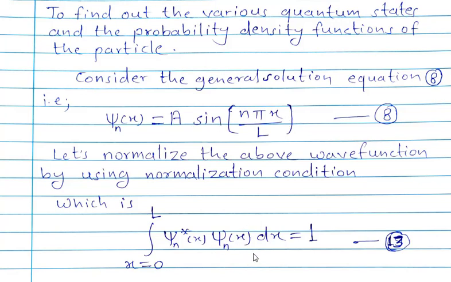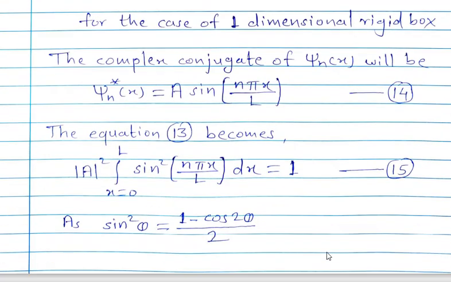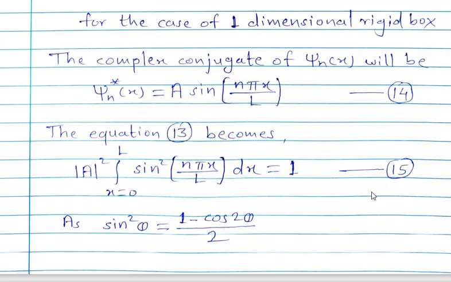So from this normalization condition we get mod A square into the integral where x varies from 0 to L of sine square of n pi x by L dx, which is equal to 1.